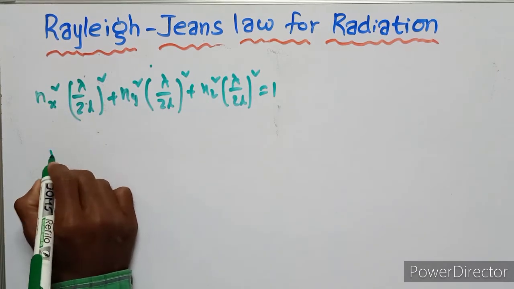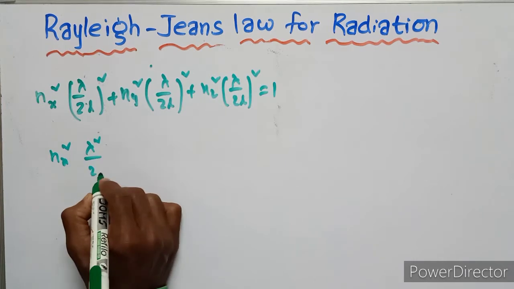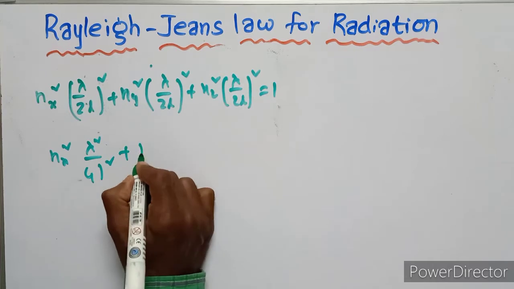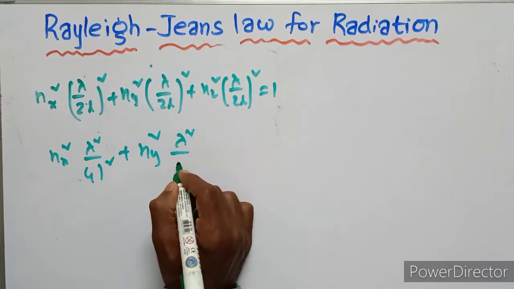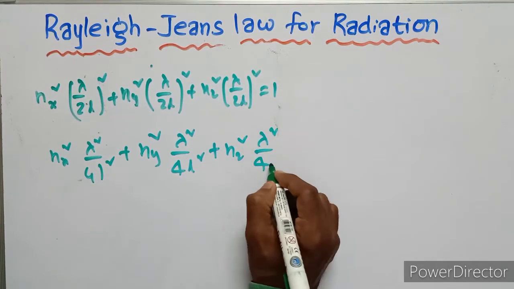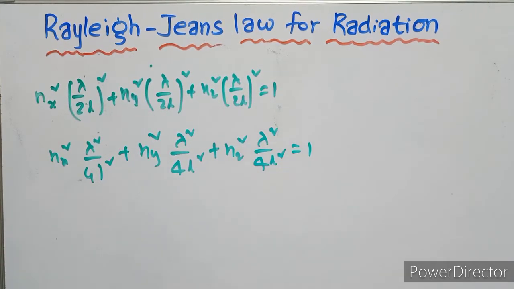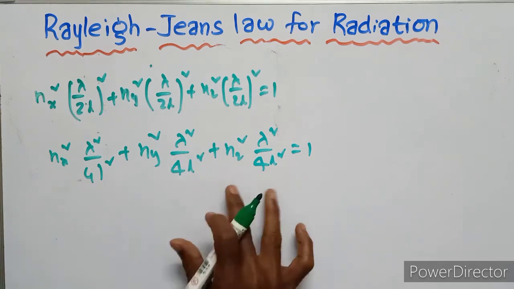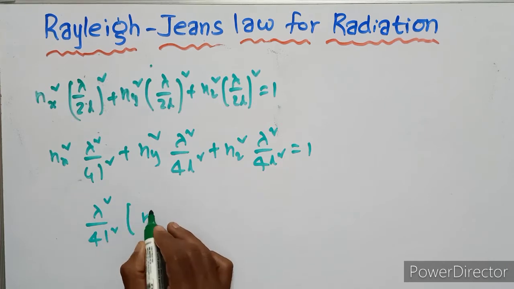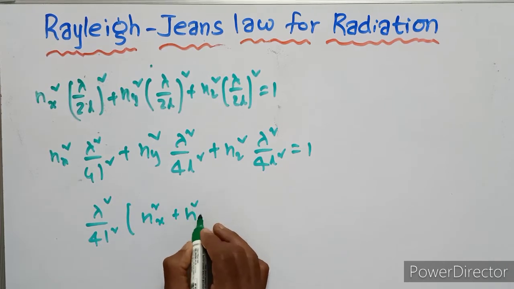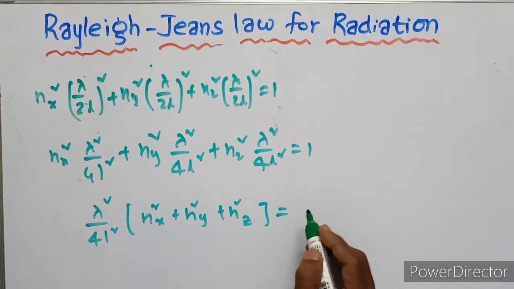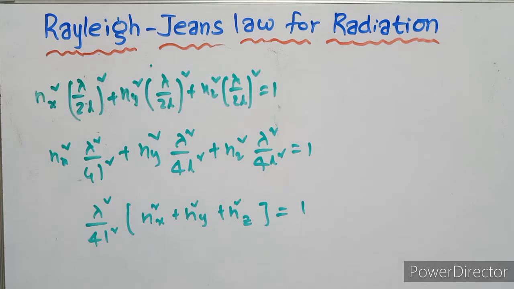So nx² λ²/4l² + ny² λ²/4l² + nz² λ²/4l² = 1. In all terms the common term is λ²/4l², which gives nx² + ny² + nz² = 1.